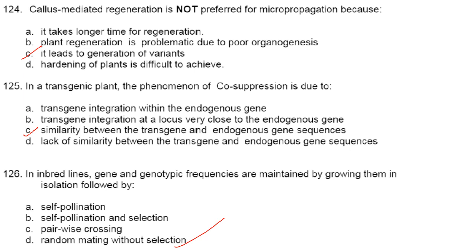Then next one, in a transgenic plant, the phenomenon of co-suppression is due to when plant carries a transgenic copy of an endogenous gene, both the genes get silenced. That is co-suppression. Now example is, I have told you one already. Sense transgene meant to overexpress the host chalcone synthase A gene caused the degradation of the homologous transcripts, and the loss of flower pigmentation.